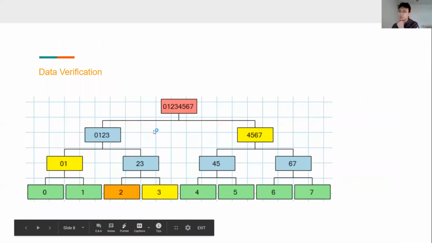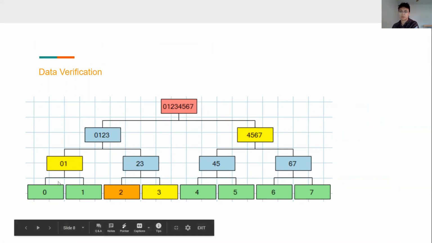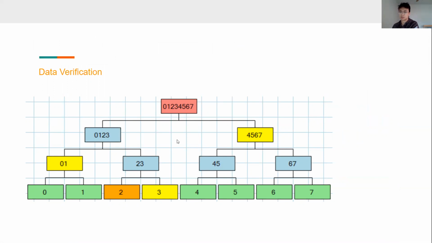The next thing that I want to talk about is data verification. This operation is very important because it is widely used in the real world. Think about it: if you wanted to download a video from YouTube, a unique hash value on the YouTube server will represent the content address of that video.